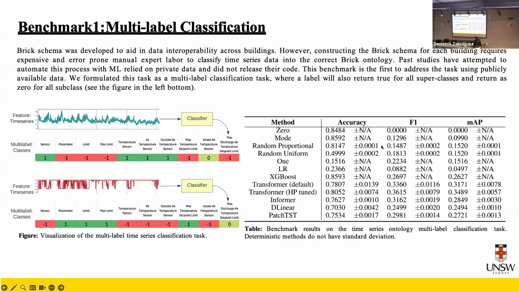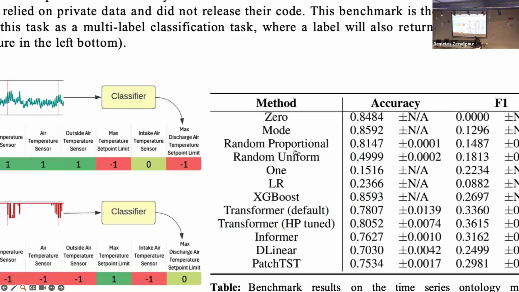In the multi-label classification, we have benchmarks for the basic ones, like bagging and boosting, random forest, to variants of the Transformer, and also DLinear and PatchTST.